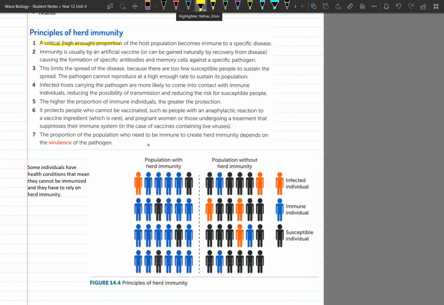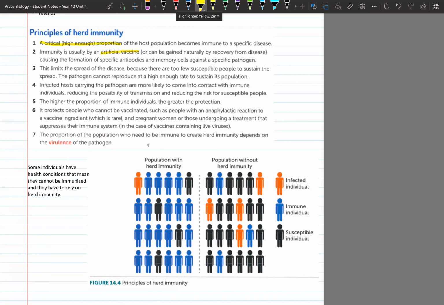Number two, herd immunity is generally achieved by a vaccine. You can't really refer to herd immunity when everyone is naturally getting immune. That doesn't really work. It's going to take too long.